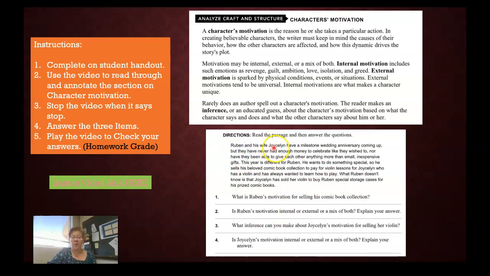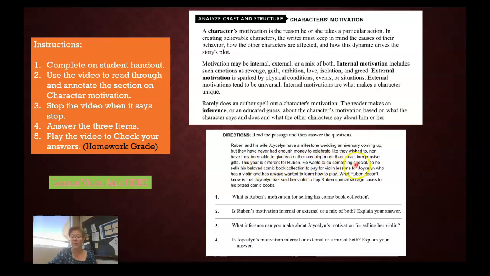Reuben and his wife, Jocelyn, have a milestone wedding anniversary coming up, but they have never had enough money to celebrate like they wish to, nor have they been able to give each other anything more than small, inexpensive gifts. This year is different for Reuben.